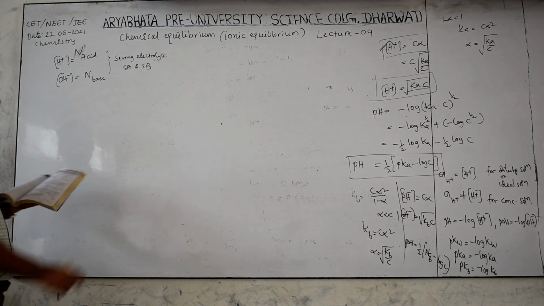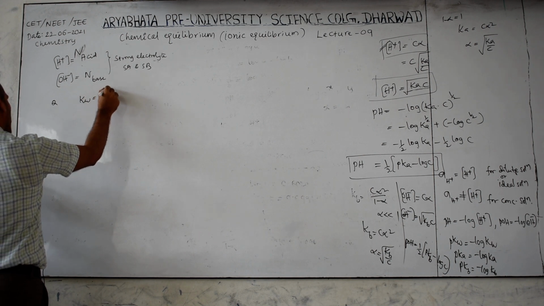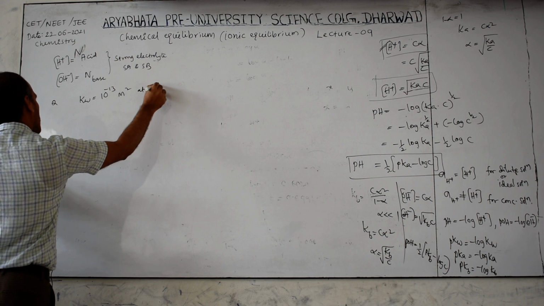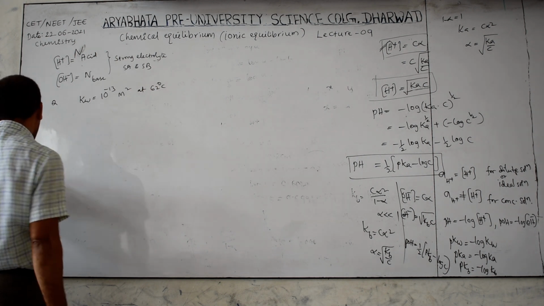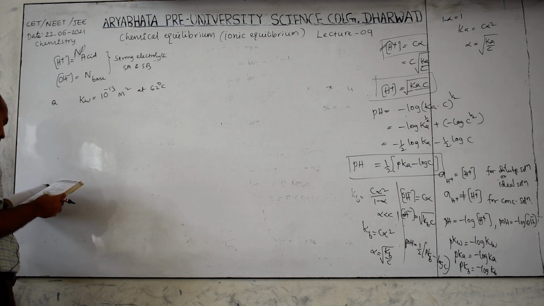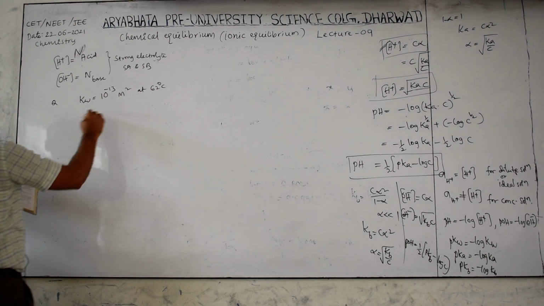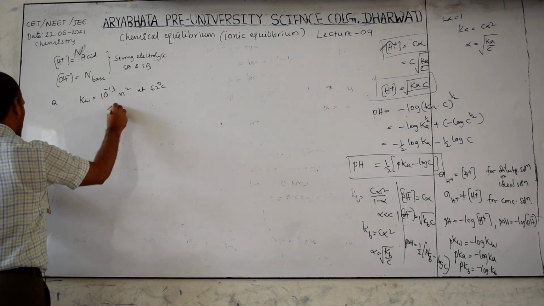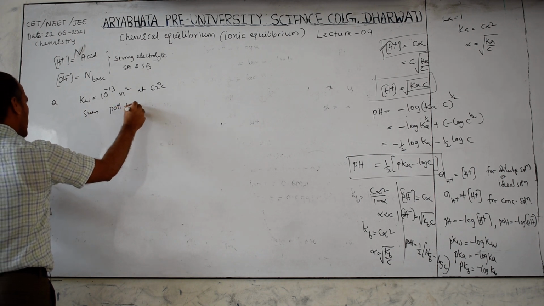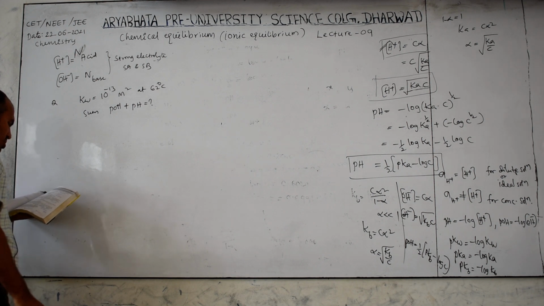Given Kw is equal to 10 power minus 13 mol square per litre square at 62 degree Celsius, compute the sum of POH and pH for a neutral aqueous solution. What you have to calculate is the POH plus pH for a neutral aqueous solution.